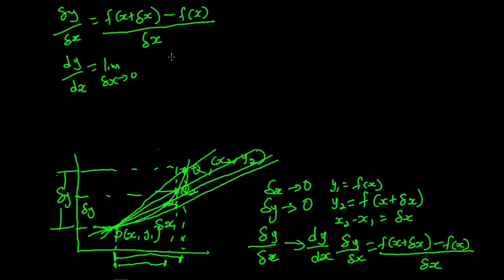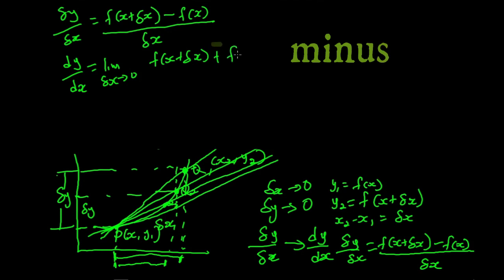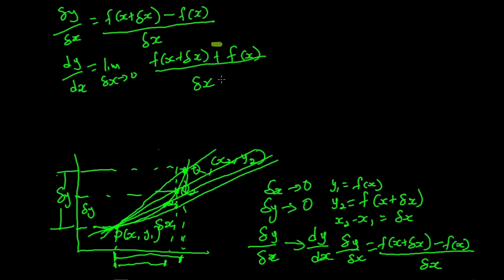Now we have this f of x plus delta x minus f of x all over delta x. This expression here is the expression that is used to find the derivative of a function using the first principle.